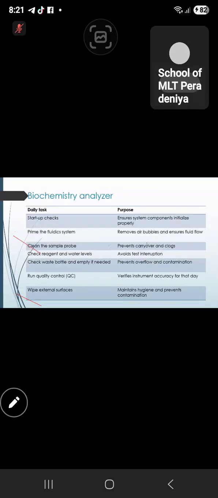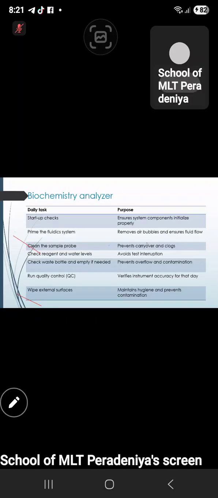Right, a biochemistry analyzer is also similar. There are many things in common, so I need not repeat these things because it is almost the same. I'll share the PowerPoint presentation so you can go through it.